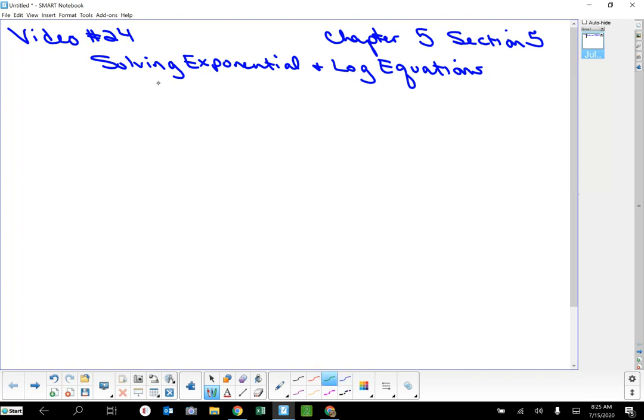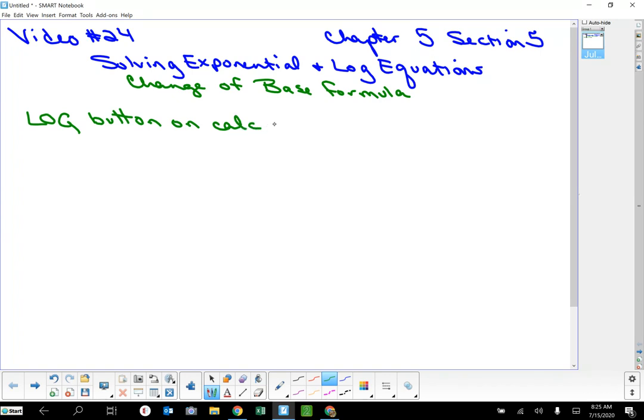It also utilizes the change of base formula. There's kind of a couple different ideas in this section, but the first one is going to utilize this change of base. I mentioned back in, I think, chapter 5, section 3, that if you use the LOG button on your calculator, that implies a base of 10.